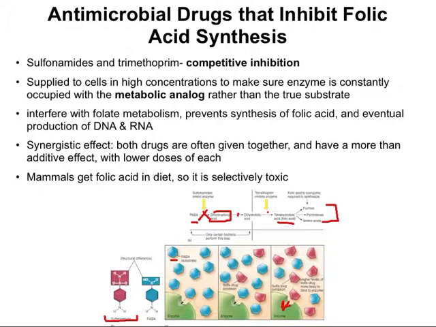And if folic acid is absolutely necessary for the production of these, then the cell is unable to metabolize and grow. So sulfonamides and trimethoprim are selectively toxic only because mammals get their folic acid in the diet, whereas microbes have to metabolize PABA in order to produce folic acid.